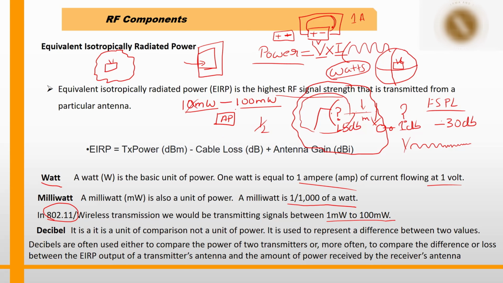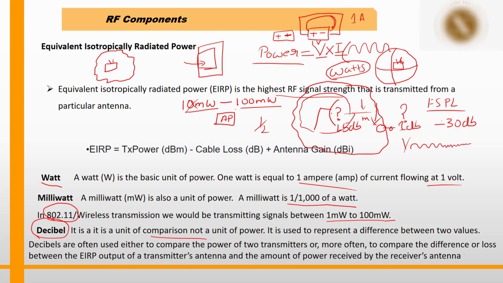There is one more measurement used in the Wi-Fi space, that is the decibel. This is also used in sound, but in Wi-Fi we also use dB. It is a unit of comparison and not an actual unit. The milliwatt and the watt are the actual units of power, but decibel is not a unit of power, it is a unit of comparison.